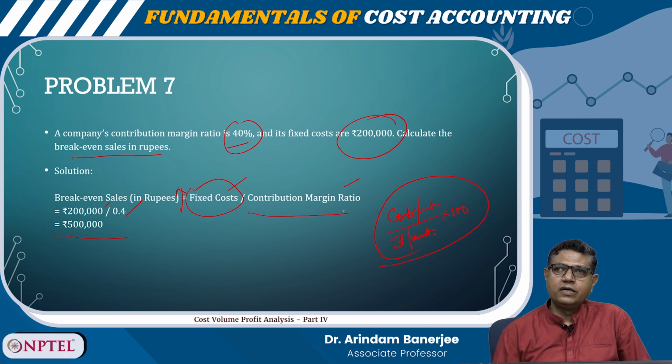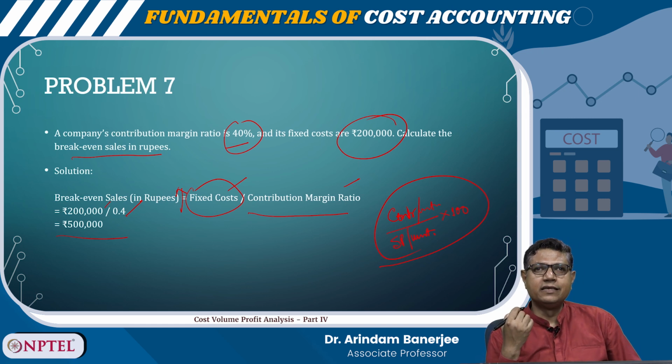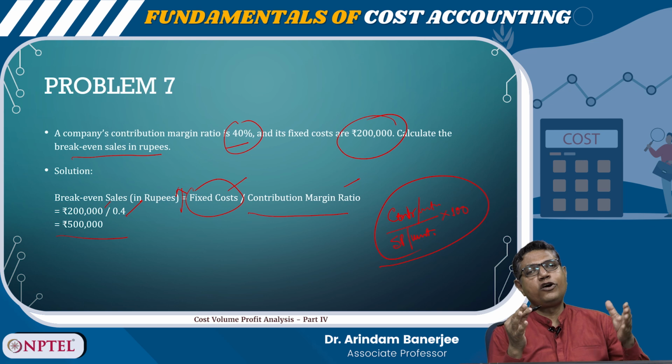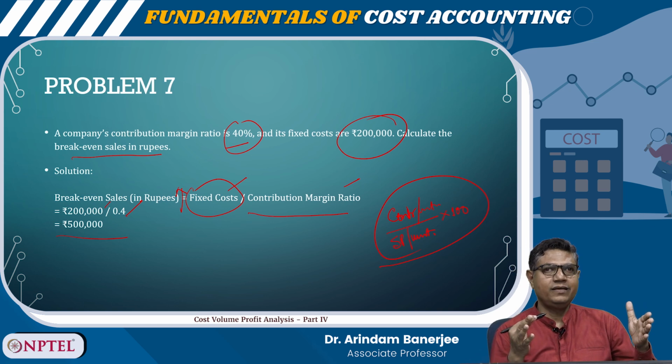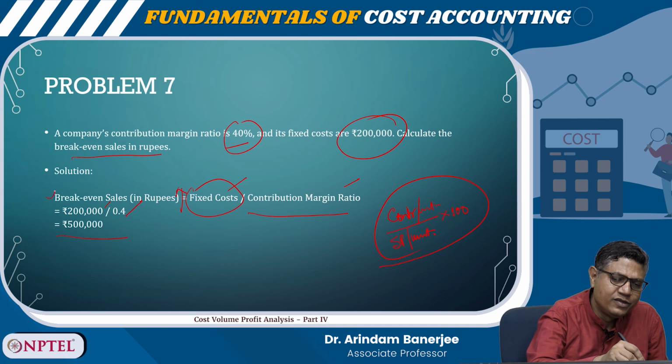So, a company usually needs to decide, in the cost structure, how much they want to keep as fixed and how much they want to keep as variable. Now, if the management decides that the fixed cost part of the total cost structure should be high, then in that case the break-even sales will also be on the higher side.